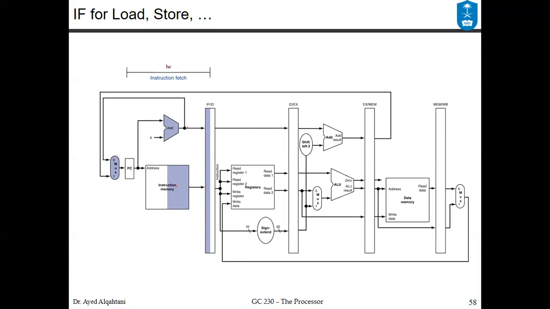Also, for this load, this mux should be activated, indicating that the result of the PC was the address of that load. So you are using these resources at this cycle. The next cycle, the load will move to the next stage.